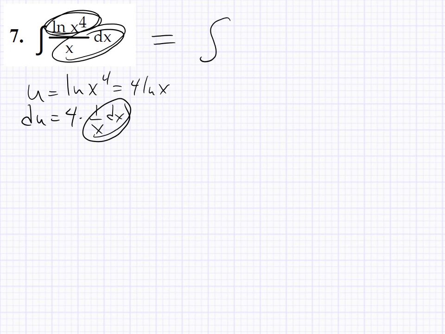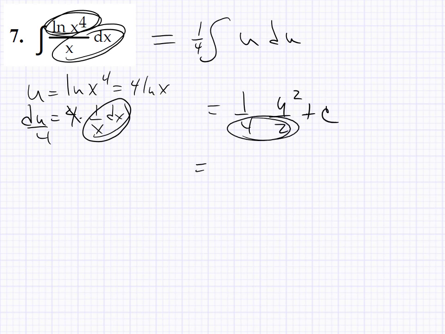So this one turns into u du over 4, because this 4 is going to divide. And so I'm going to get 1/4 u squared over 2 plus c. Well, the 1/4 and the 1/2 is going to give me 1/8. U was log of x to the 4th squared plus c.